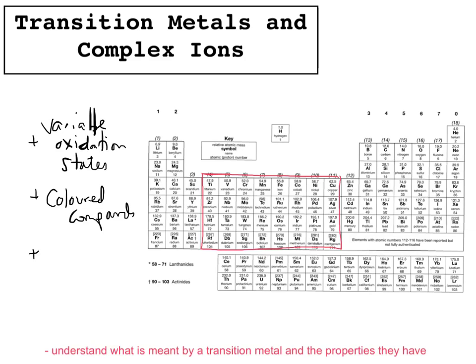They can be catalysts, so they have catalytic properties due to their variable oxidation states, and they can form complexes, which is what we're going to be talking about in this video.